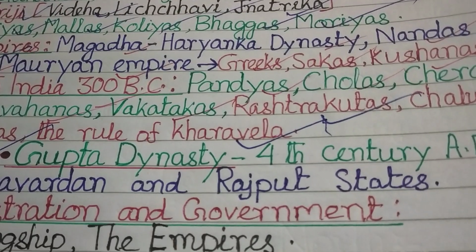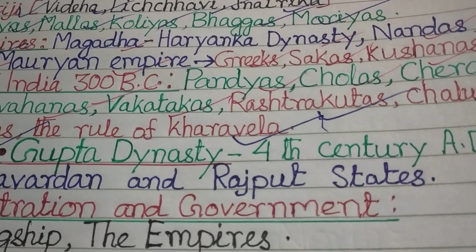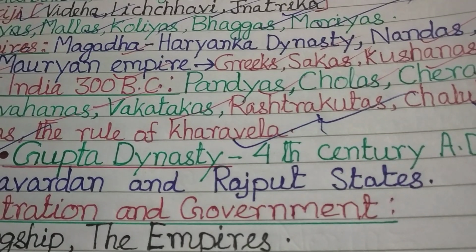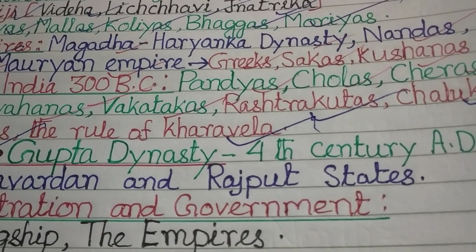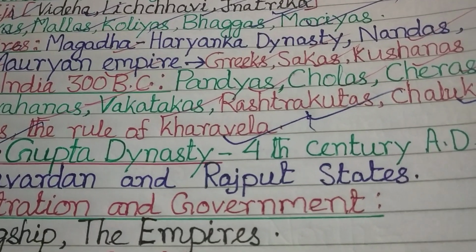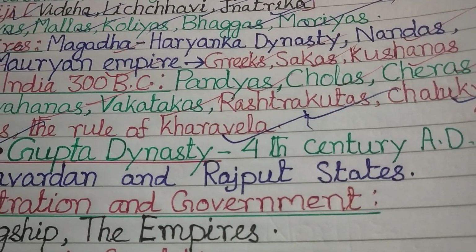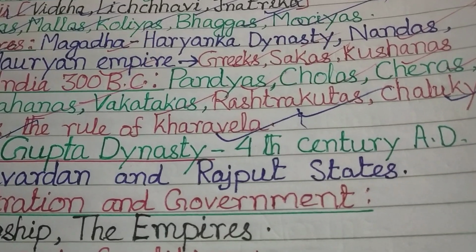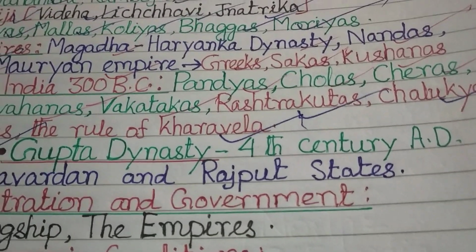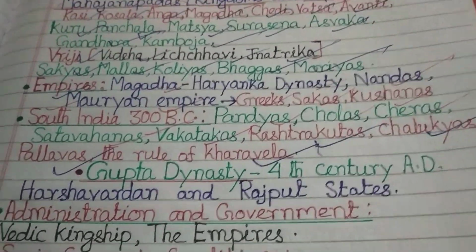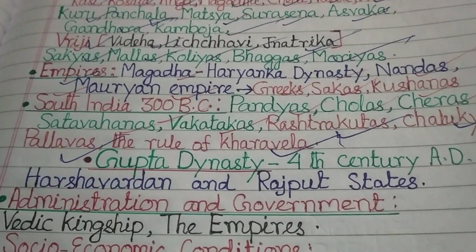The former Greek territories of Aria and Arachosia in the northwest of India became part of the Mauryan Empire, when an invasion led by Seleucus fell. The Mauryan Empire reached its greatest extent during the rule of Ashoka the Great.